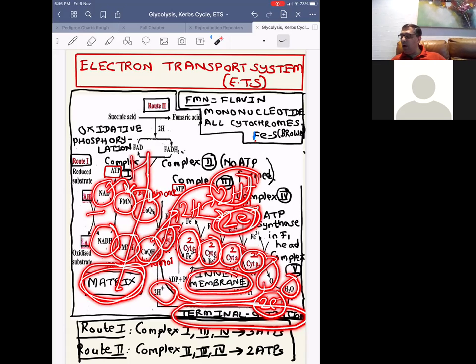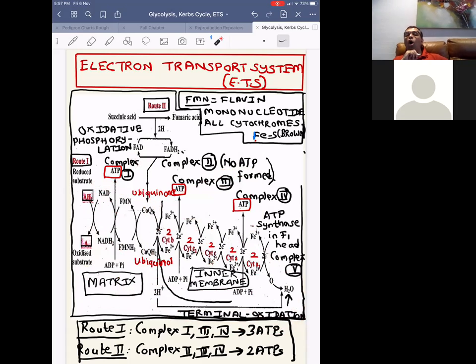Electron transfer was on the inner membrane of the mitochondria, where the electron is passed from cytochrome B to cytochrome C1 to cytochrome C to cytochrome A to cytochrome A3 to oxygen, and then electrons with oxygen and protons combine together to form water, which is called terminal oxidation.